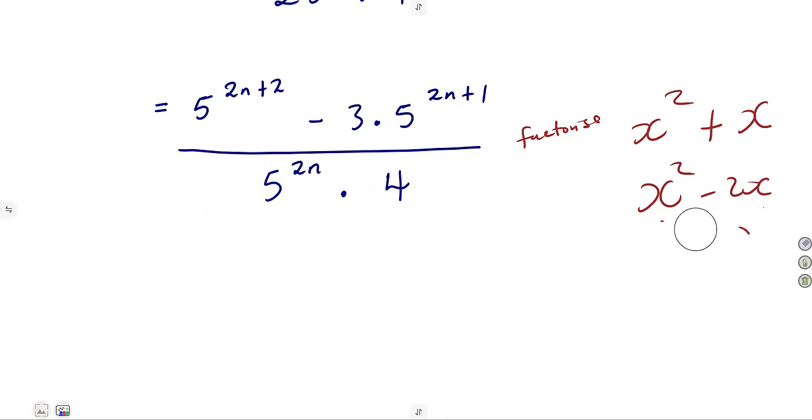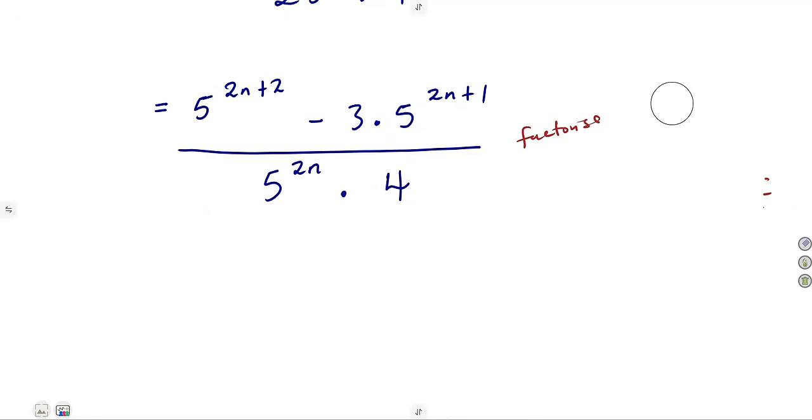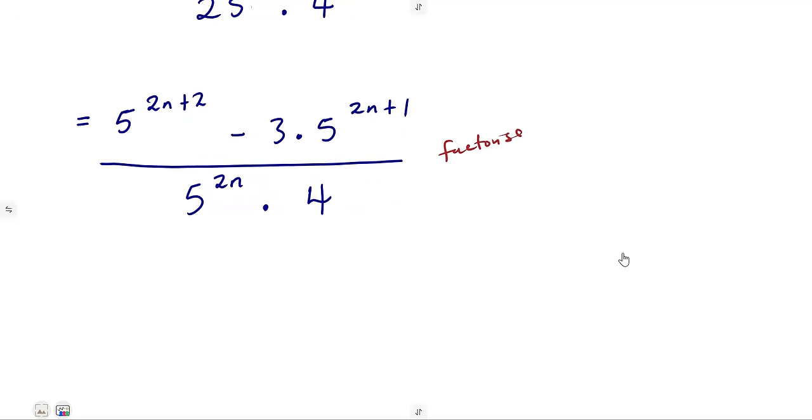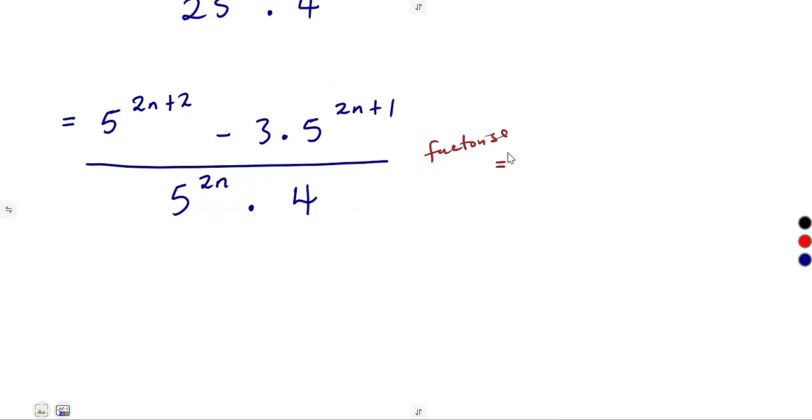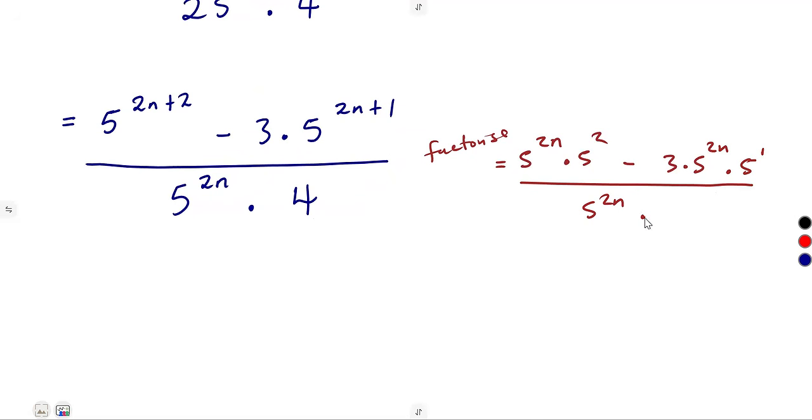So guys, the stages that you're going to have here, let me just write it down here. Some can even write to say, this is the same as 5 to the exponent of 2n times 5 to the exponent of 2 minus 3 times 5 to the exponent of 2n times 5 to the exponent of 1, everything over 5 to the exponent of 2n times 4.